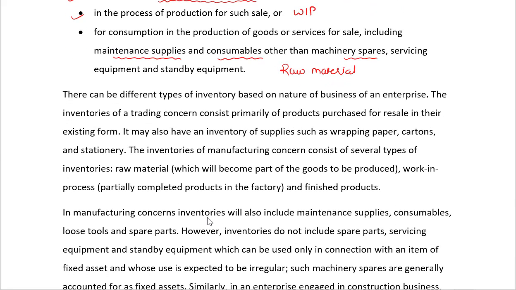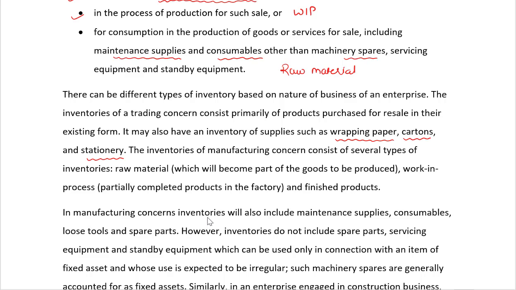There can be different types of inventory based on the nature of business of an enterprise. The inventories of a trading concern consist primarily of products purchased for resale in their existing form. It may also have an inventory of supplies such as wrapping paper, cartons, and stationery.